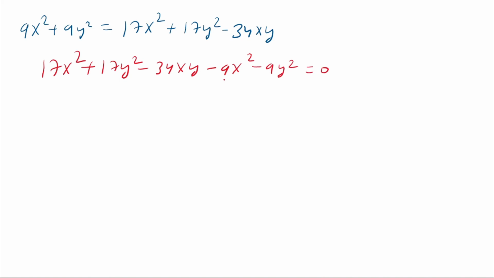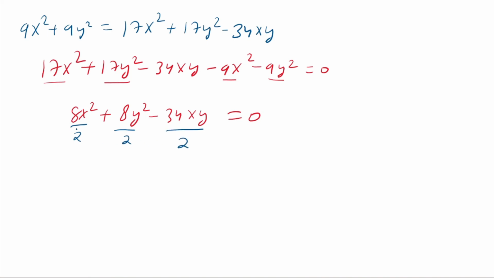17x² minus 9x² is 8x², plus 17y² minus 9y² is 8y², minus 34xy, and this equals 0. On the left-hand side all terms are divisible by 2, so we divide by 2. 8 divided by 2 gives 4x², plus 4y², minus 34 divided by 2 gives 17xy, and this equals 0.